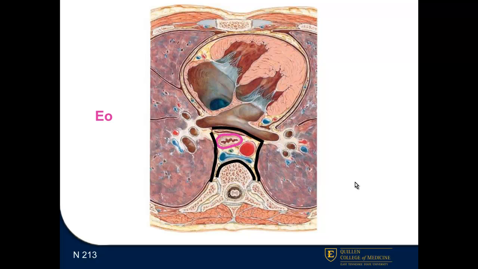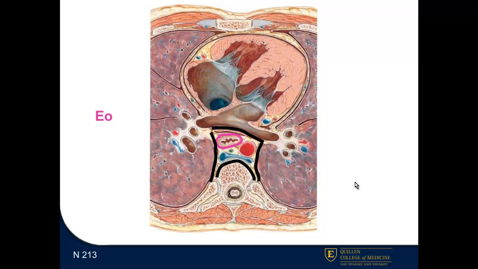Circled here in pink is the esophagus. We've already discussed the esophagus with the superior mediastinum, and that's going to be similar for a couple of these structures because, as we talked about with the superior mediastinum, they are vertical and they're going to travel through the different divisions. But what we need to keep in mind is that the relationships change as they move through the different divisions. So the esophagus here is going to be the most anterior structure.